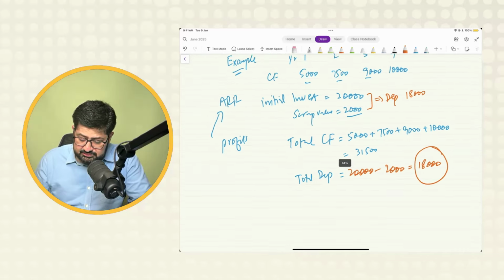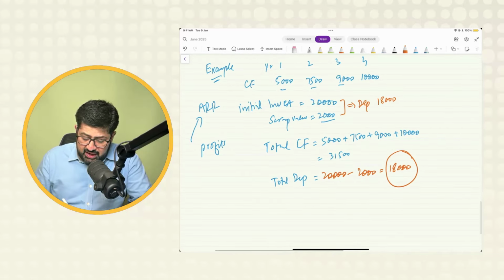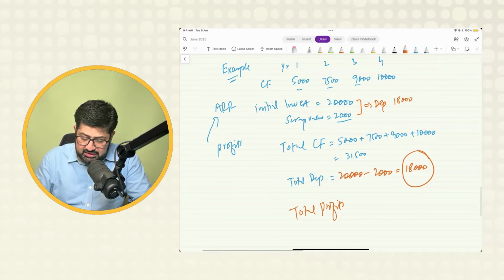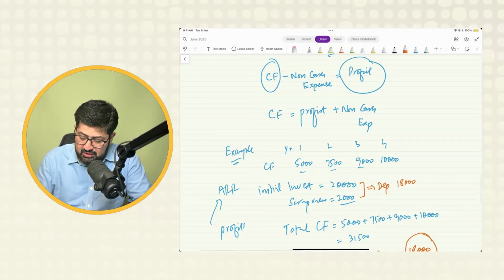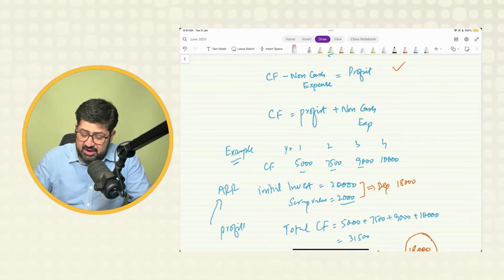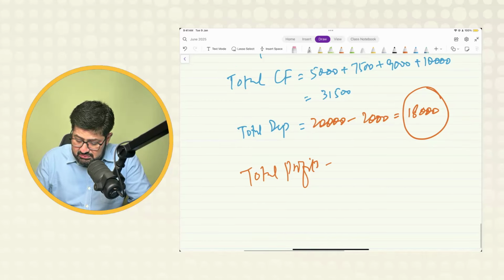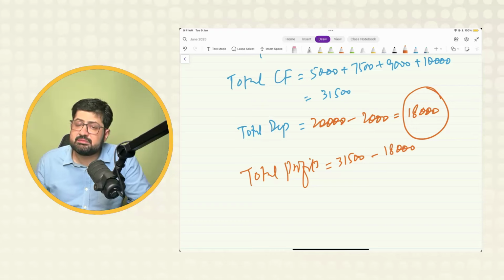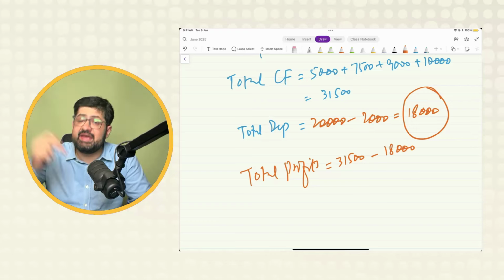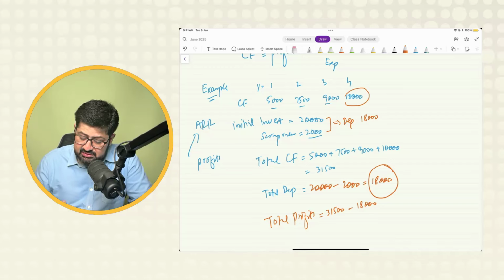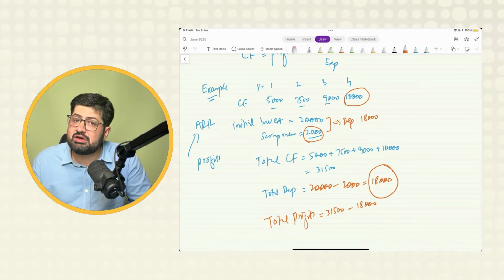Now we have to calculate total profits of the project. We have learned the formula above. How to calculate profit? Cash flow minus non-cash expense. But here another problem is there. In the cash flows, in the final year, scrap value is always included.